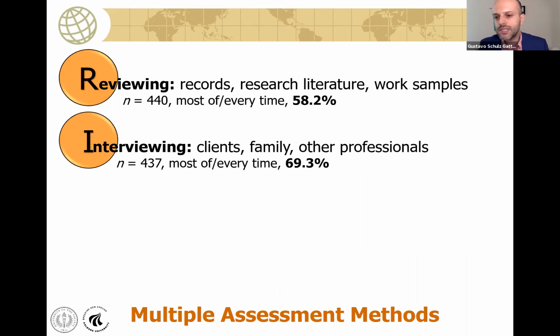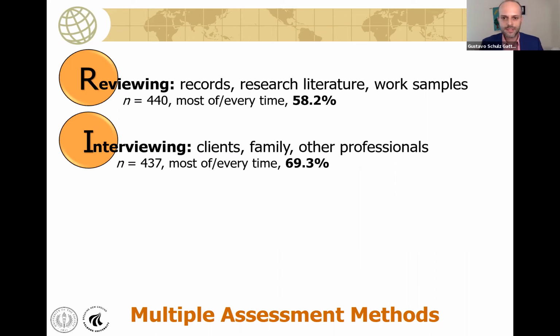If we consider the results from our survey from 437 participants, most of every time used specific kinds of interviews, we have exactly 69.3% of the respondents.